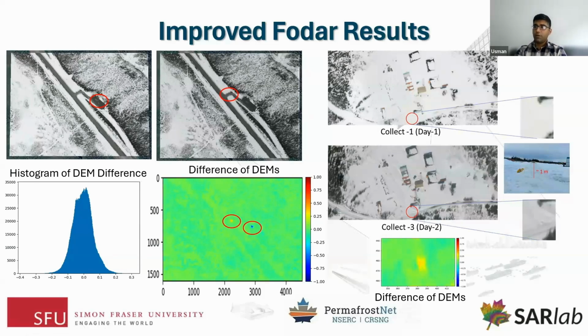But with the FODAR, we were still able to see some kind of change in the area of the snow pile, which was cool. When I looked at the previous results in comparison with these results, I was super happy that we are able to achieve the accuracy if we install a local differential station in the area.